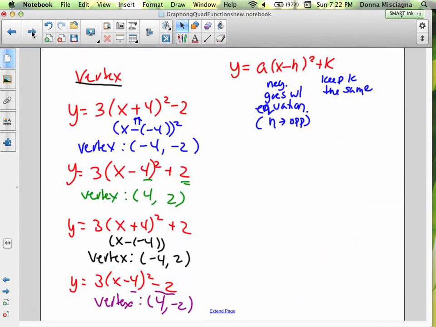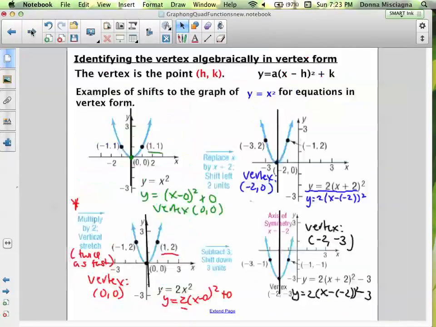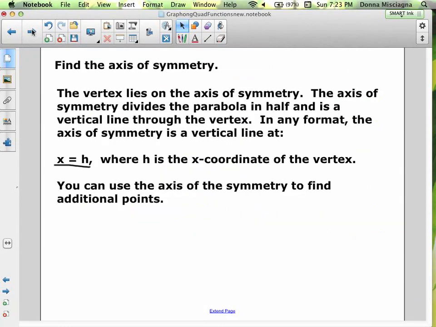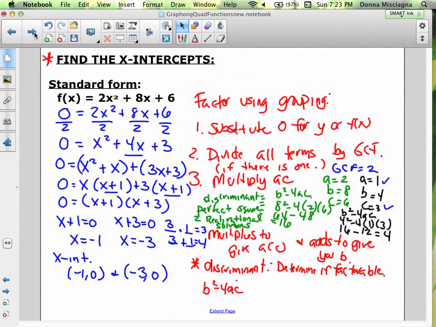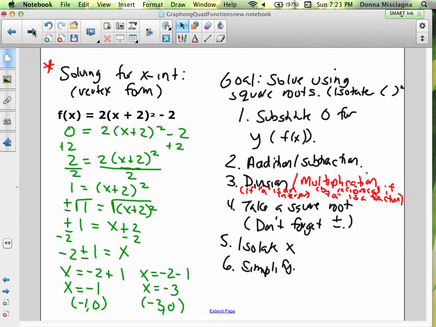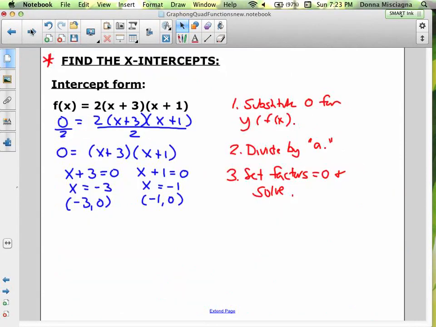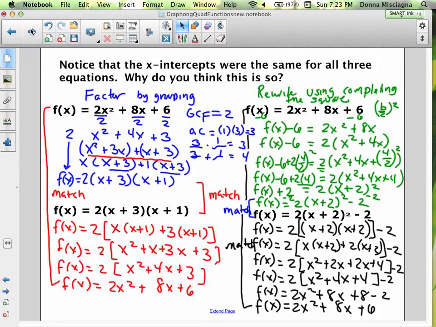All right, so we've got our vertex, we've got our y-intercept, and there's our vertex again, our axis of symmetry, but 3 different times we found the x-intercepts. -1, -3. There they are, once, twice, and this had nothing to do with it. That was just showing you the steps one more time. 3 times.